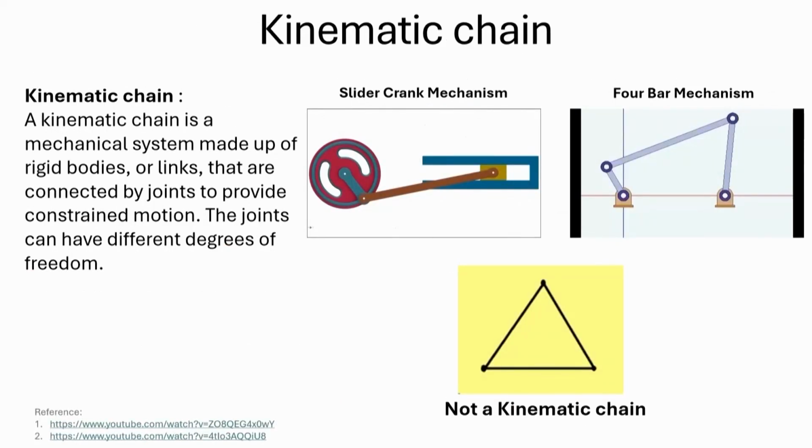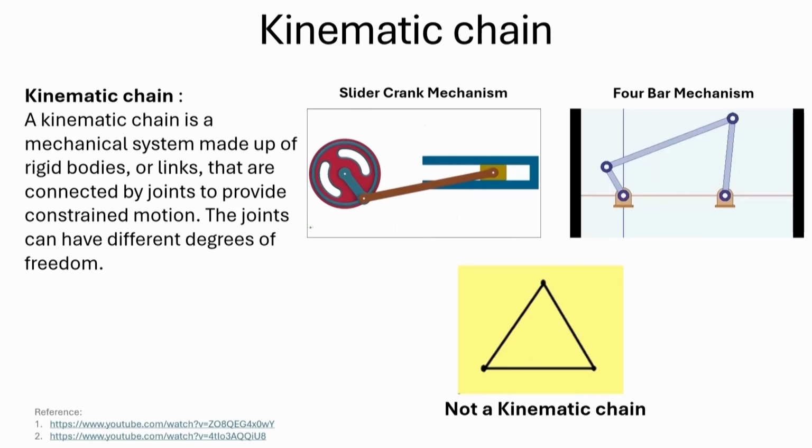Now, we know about these kinematic pairs. Now, let us talk about kinematic chain. A kinematic chain is a mechanical system made up of rigid bodies or links that are connected by joints to provide constrained motion. So, here you need not have only a pair, but maybe n number of such links or rigid bodies joined with each other.